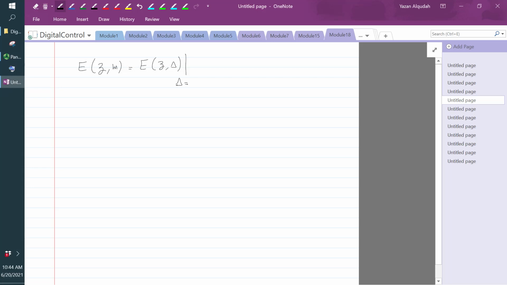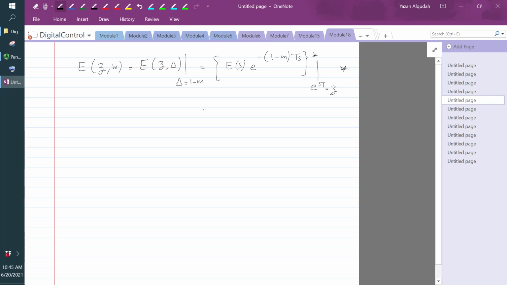where delta is equal to 1 minus m, which is going to equal E of s e to negative (1 minus m) Ts, star, and e to sT is equal to z. Let's call this equation star.